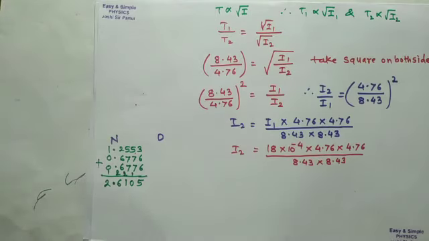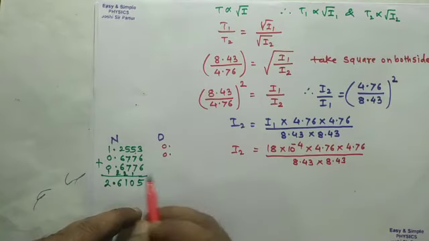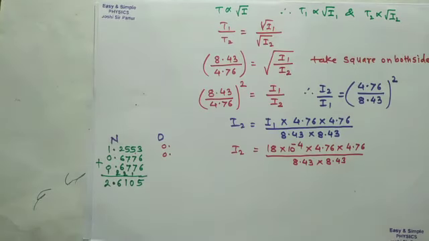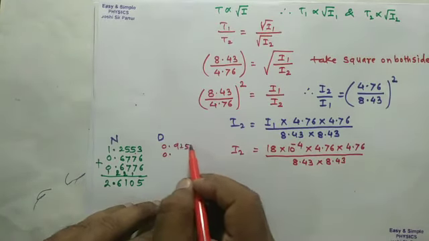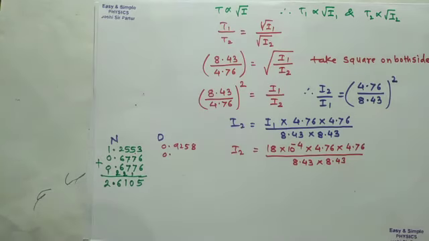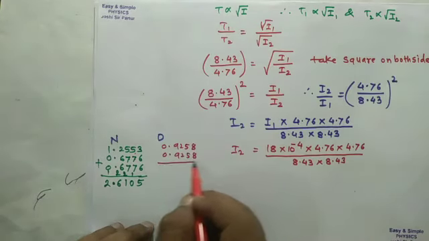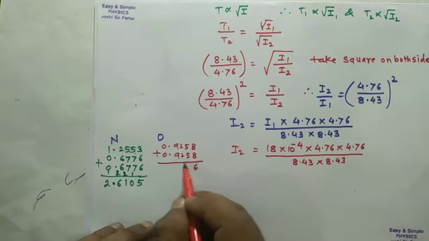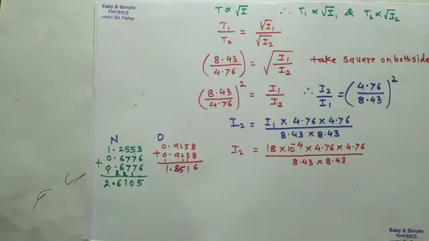Here 8.43, its characteristic will be 0. Again characteristic will be 0. The log of 8.43 will be 9258. 9258. Their addition will be 1.8516.